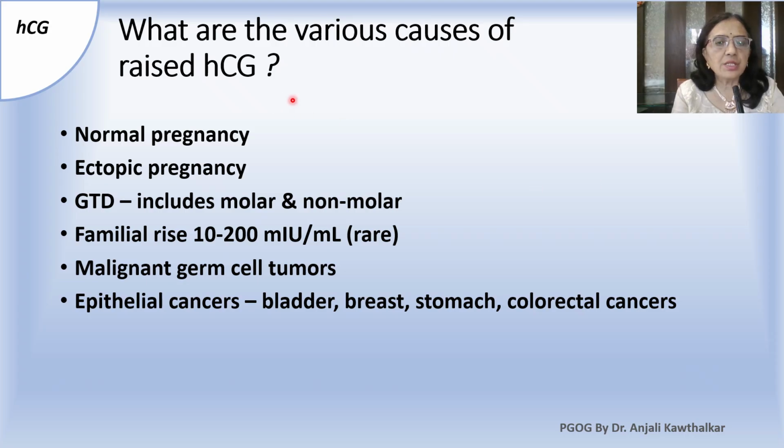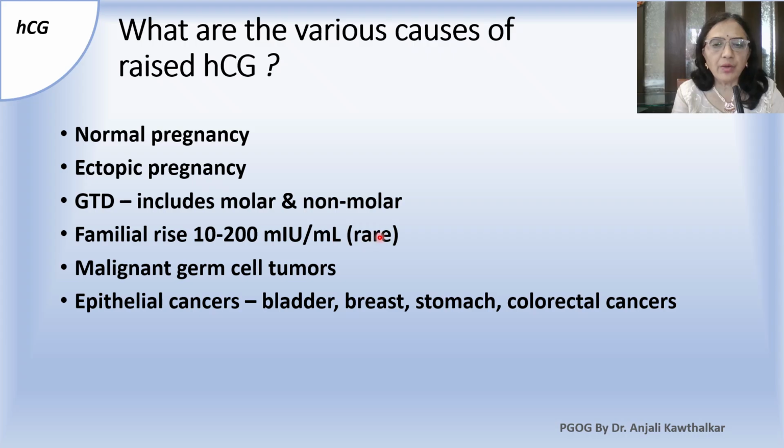Now, whether HCG is raised only with pregnancy or GTD, that is why I have included this slide, on the various reasons for a rise in HCG. It is raised in a normal intrauterine pregnancy, and in ectopic pregnancy also. Then all forms of gestational trophoblastic disease, which, as we all now know, include both molar and non-molar variants. Then a familial rise is seen, from 10 to 200 milli-international units per ml, in some women.